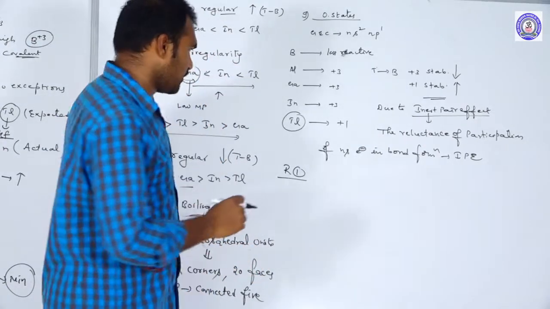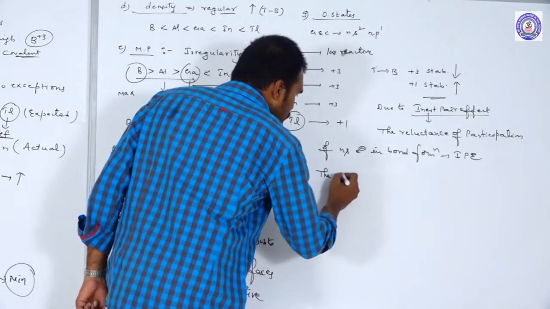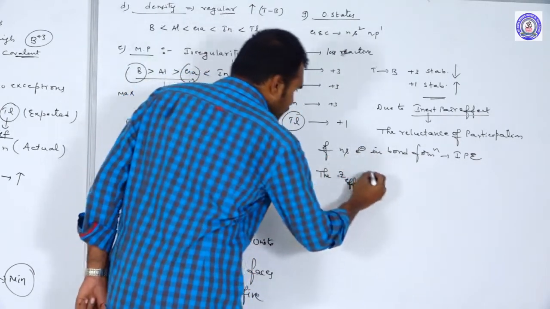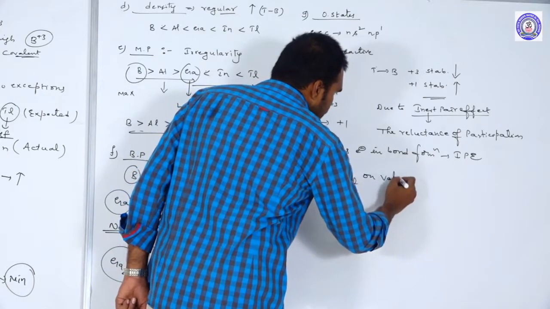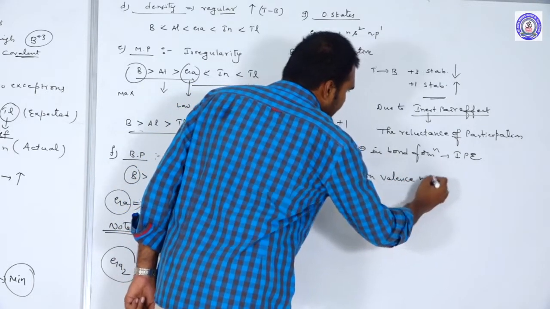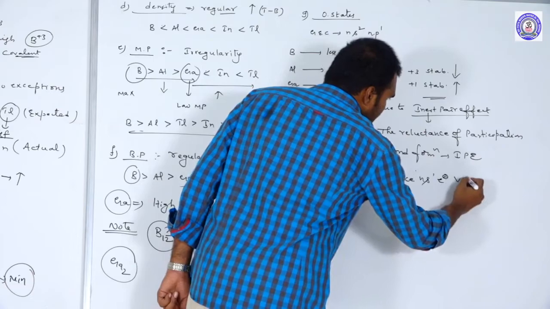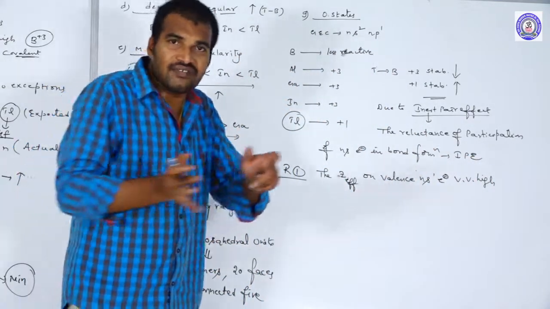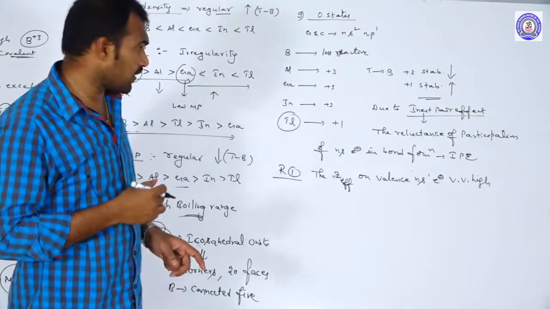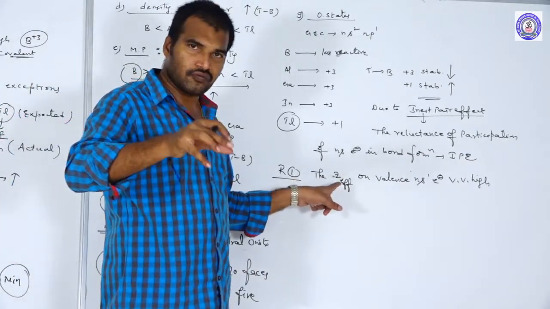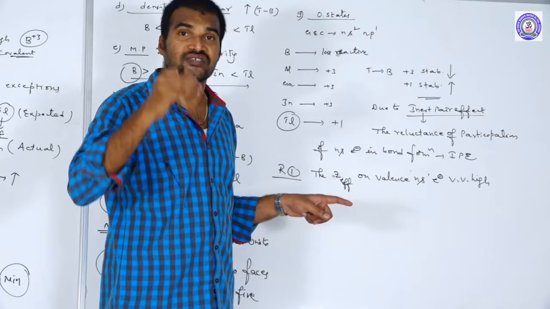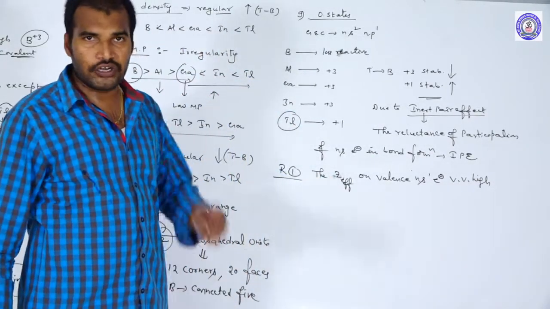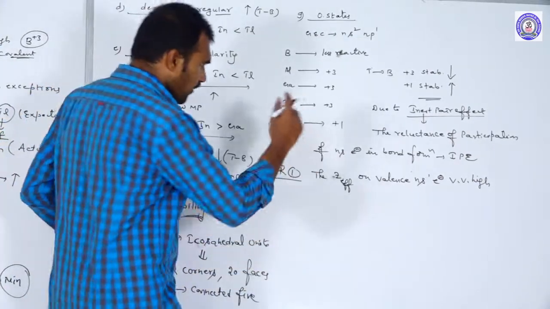So the effective nuclear charge, Z effective, on valency ns electrons is very high. Why? Because s orbitals are very near to the nucleus. Because of the very short distance, the effect of nucleus over the valency ns electrons is very high. So s electrons are not going to participate in the bond formation. That is the one reason.